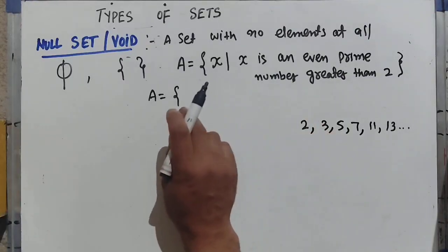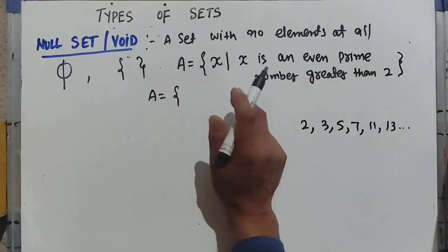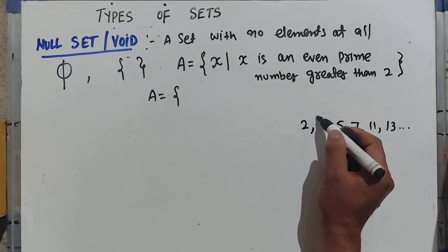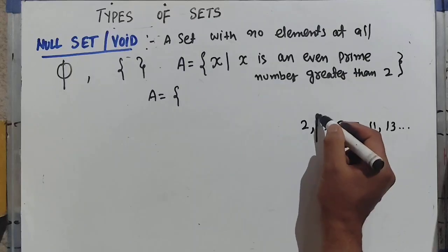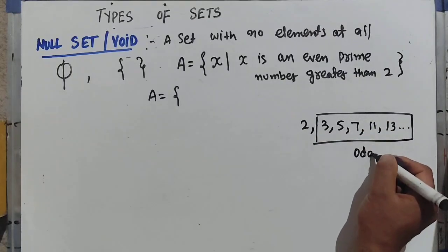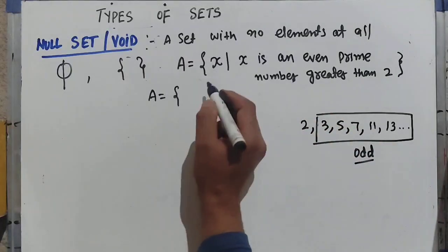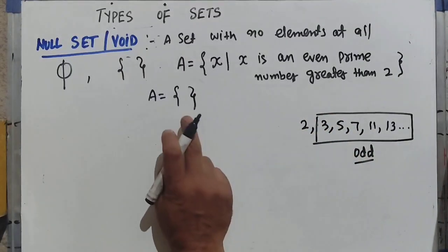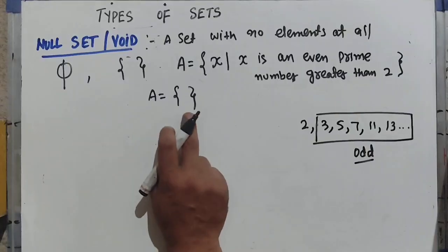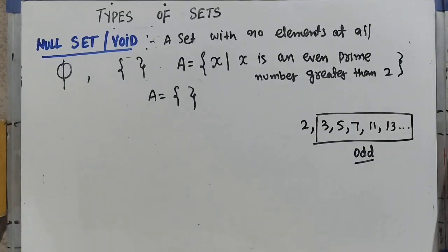Since we have to find the even prime numbers greater than 2, and the prime numbers greater than 2 are all odd, in this set we will have no element at all, because there is no prime number greater than 2 which is even. So A will be a null set here. This is an example of a null set.